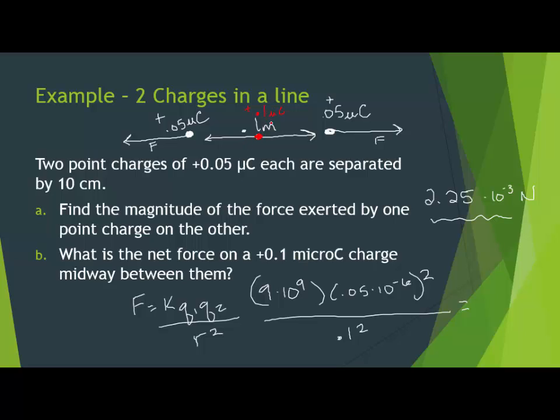Between this charge and this charge, he will experience a push to the left. And between this one and this one, he'll experience a push to the right. Since the charges on either side of him are equal and he's exactly in the middle between these two charges, his net force will be 0 newtons. He'll want to go away from both of them, but since they're both equal and the distance between them is equal, it's going to end up being 0.